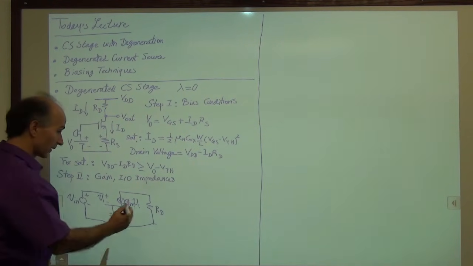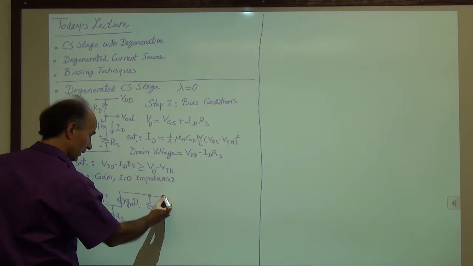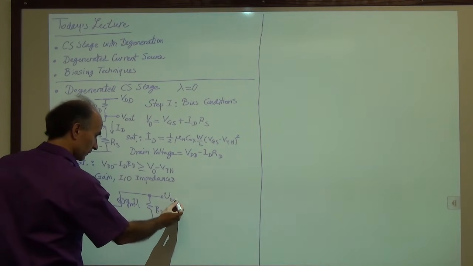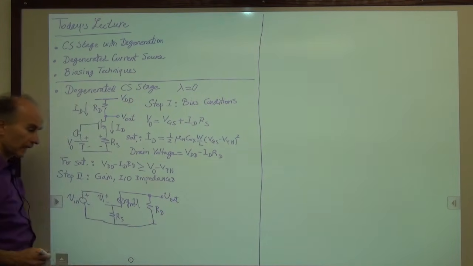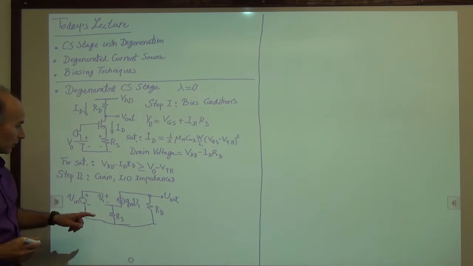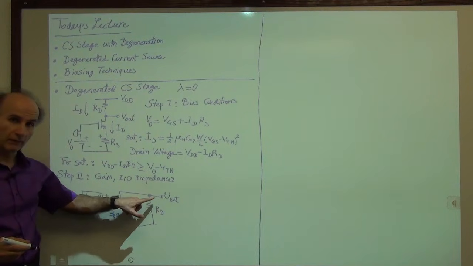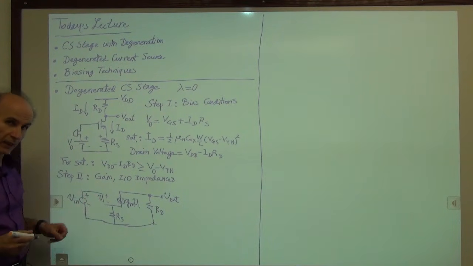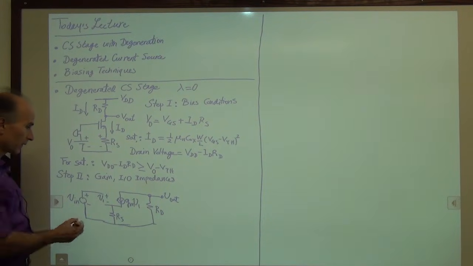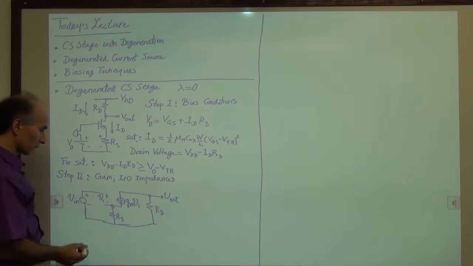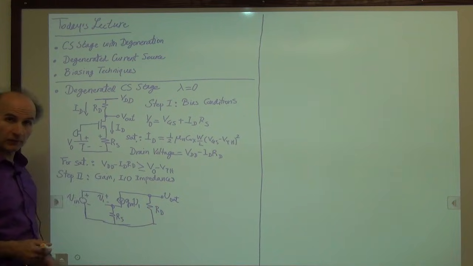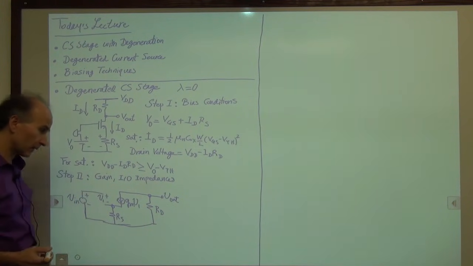We are interested in this output voltage with respect to ground, and what we would like to do is eliminate V1 so that we can find V out over V in. Okay, how do we go about doing that? Well, we can just make some observations before jumping into the equations.